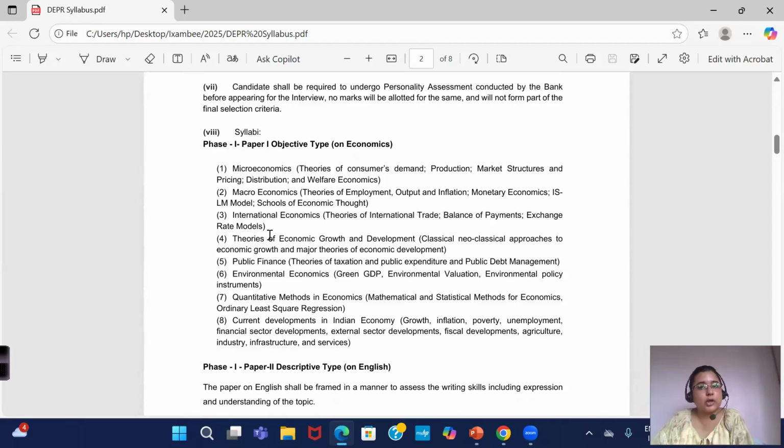Schools of economic thought is very important, right? Starting from the classical school to Keynesian to New Keynesians, monetarists and so on. So you should have a complete idea regarding which school of thought has propounded which central idea of economics.